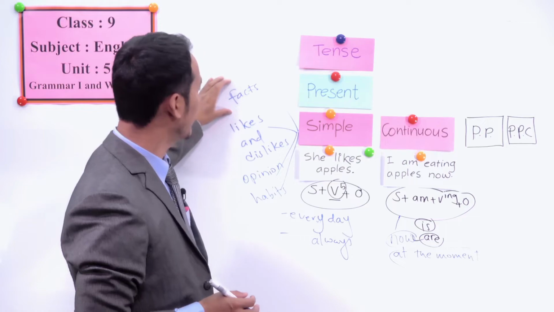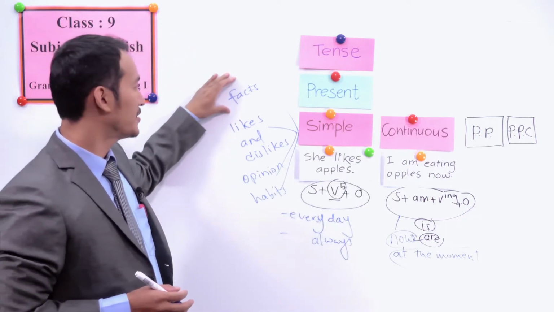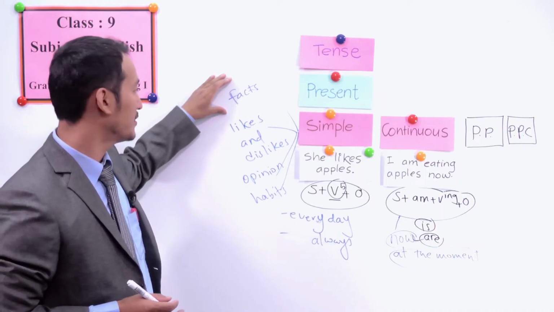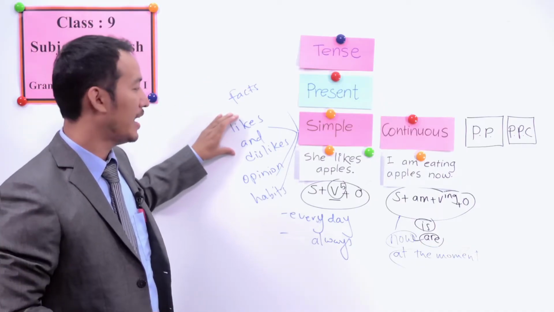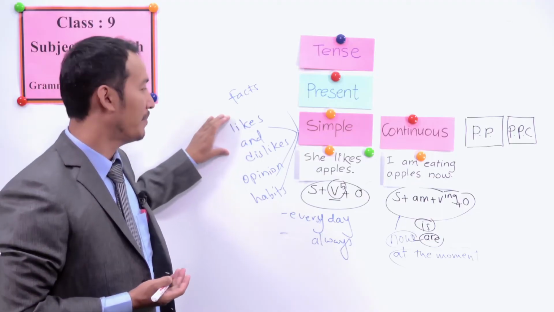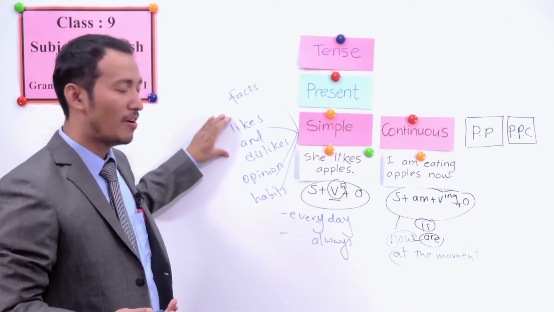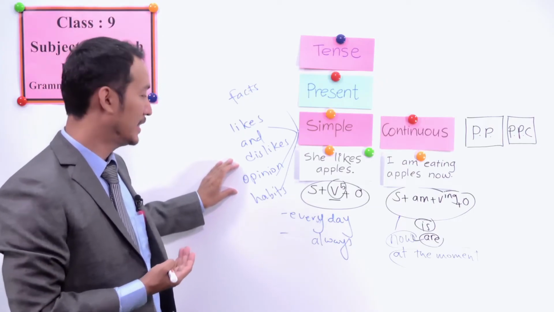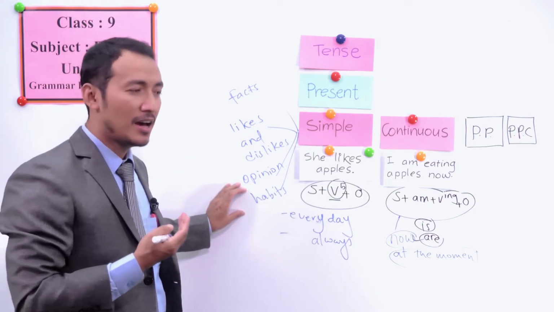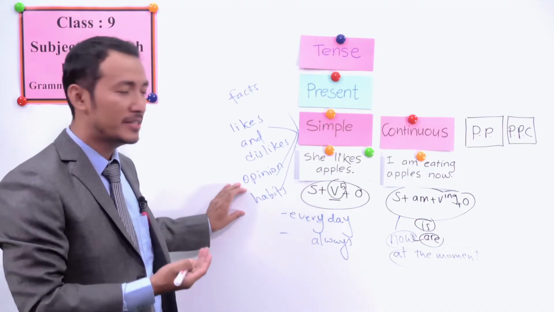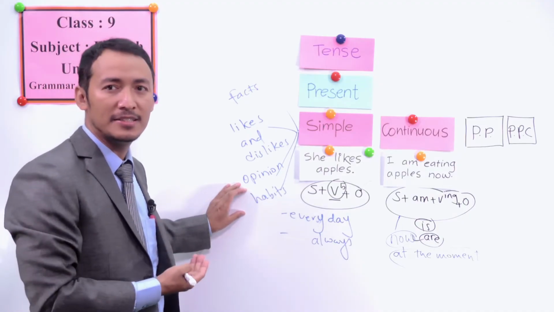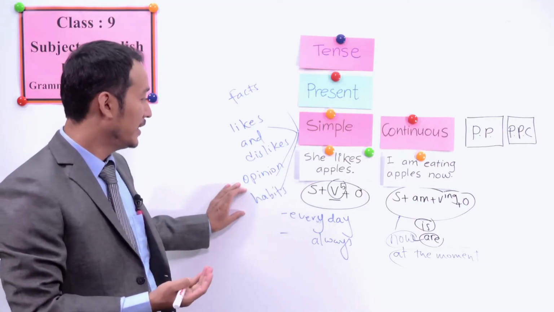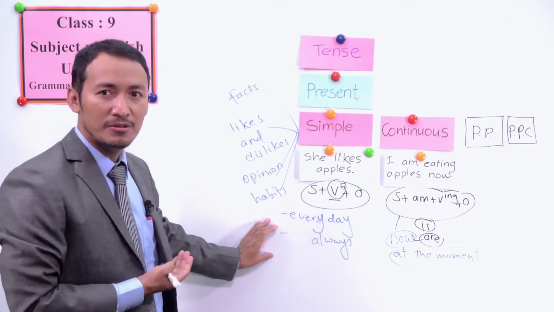So we talk about facts like sun rises in the east, or water boils at 100 degrees Celsius, and likes and dislikes. I like apples, she likes apples, she likes to sing songs. And opinion, he is good, she is good, like that. And habits, I wash my face every day, I eat rice every day, twice a day, and I always go to school.